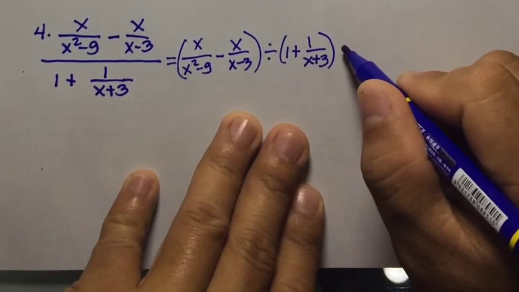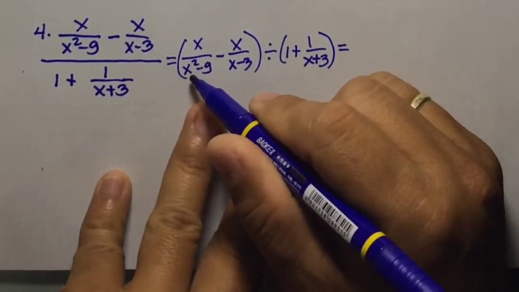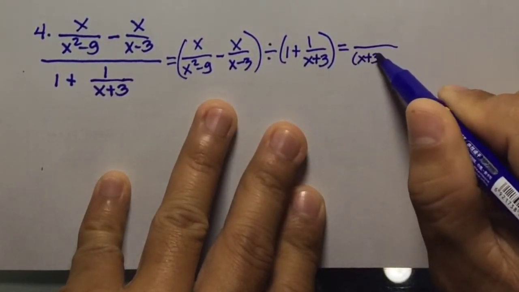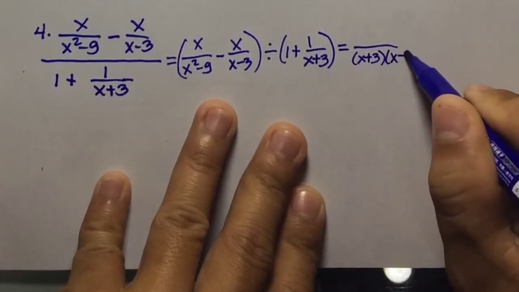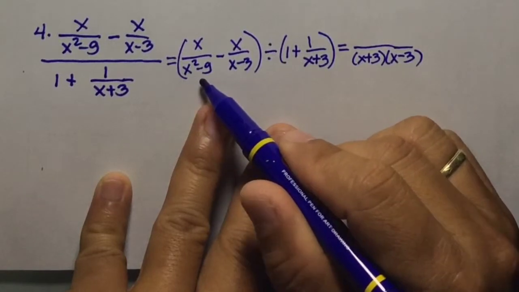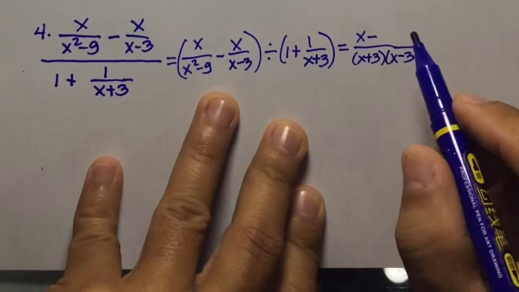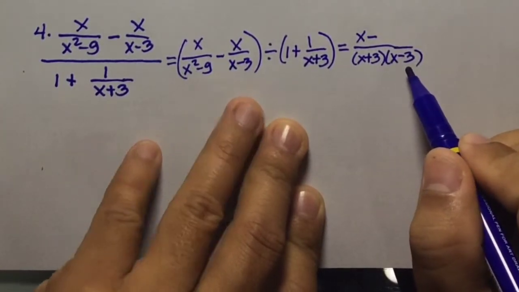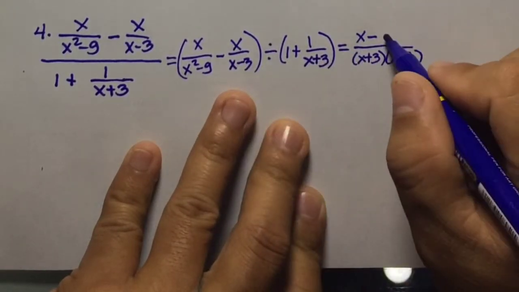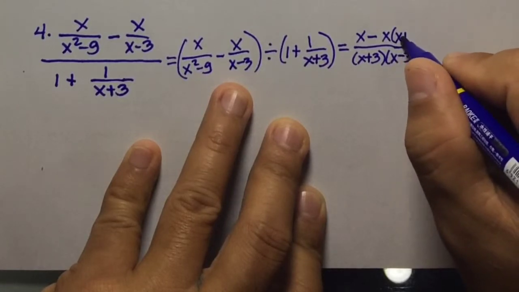Then in the numerator, the LCD here is x squared minus 9, or simply the quantity (x plus 3) times the quantity (x minus 3). Then divide this to x squared minus 9, this 1 times x is x. Then minus, (x plus 3) times (x minus 3) divided by (x minus 3) is x plus 3, so we're going to have minus x times the quantity (x plus 3).